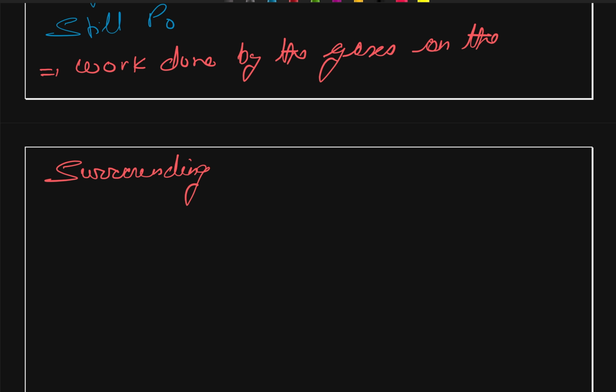Okay. So if you multiply inside, so this will be P naught V final, which we already have, and this will be our P naught multiplied by our V initial.